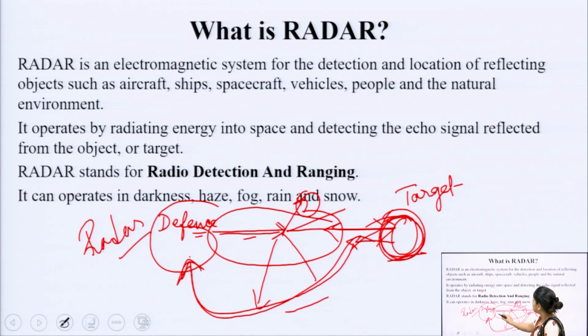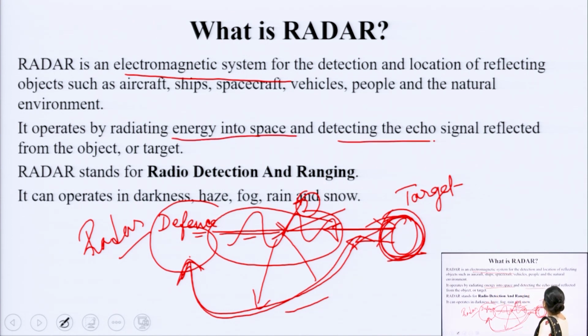And since this is all in electromagnetic waveform, we can say that radar is an electromagnetic system. How does it operate? It is operated by radiating energy into space and detecting the echo signal.